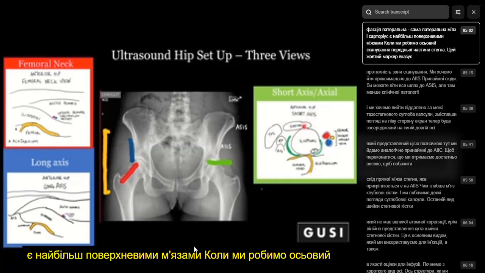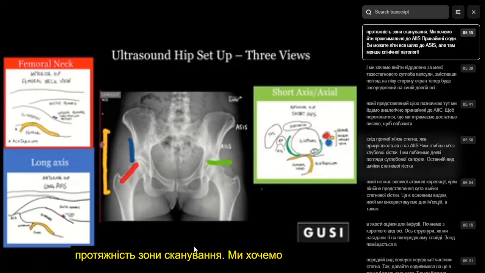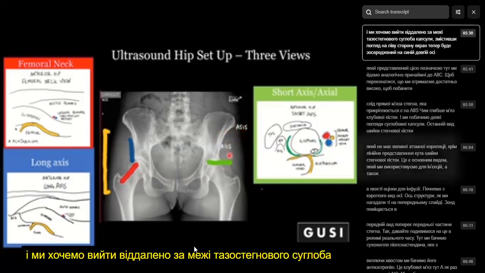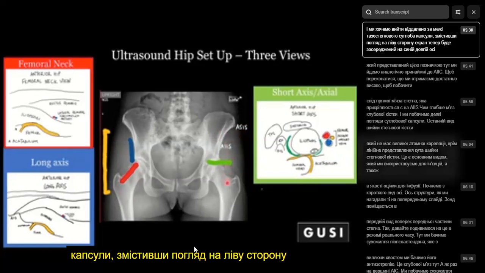When we do an axial scan of the anterior hip, this yellow marker indicates the extent of the scanning zone. We want to go proximal to the AIIS, at least to here. You can go all the way to the ASIS, but there's less clinical pathology there. And we want to go distally beyond the hip joint capsule.